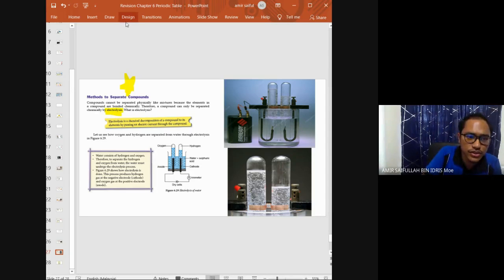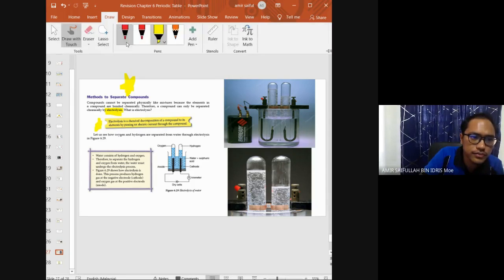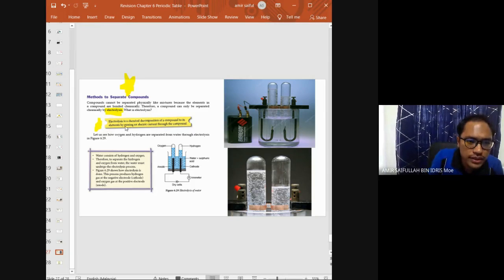Okay, electrolysis. You need to memorize this, please. Electrolysis is the chemical decomposition of a compound into its elements by passing an electric current through the compound. So electrolysis is a chemical breakdown.